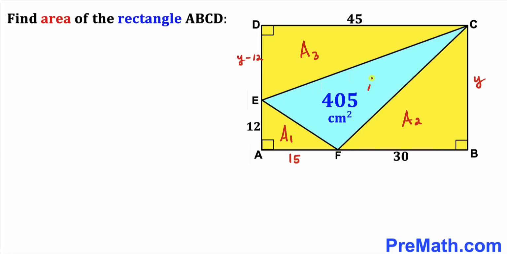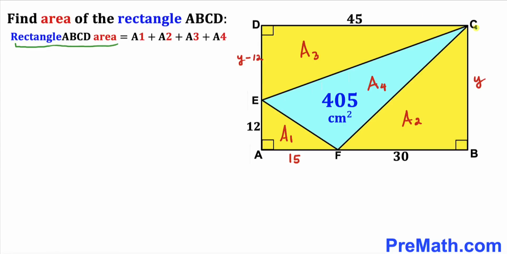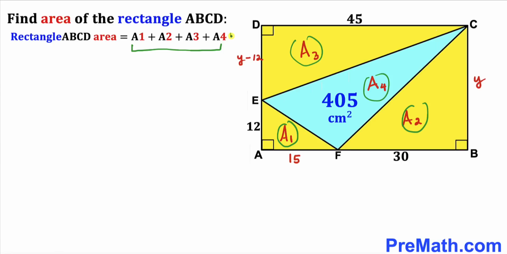And finally, the area of this triangle is A sub 4. Then we can make an observation: the area of this whole rectangle ABCD is going to be equal to the sum of all these individual areas, as you can see on the right hand side of this equation.